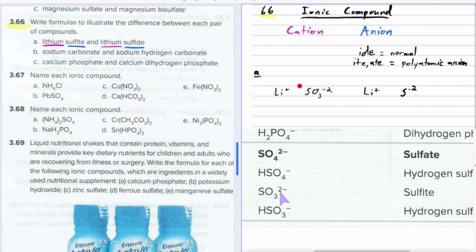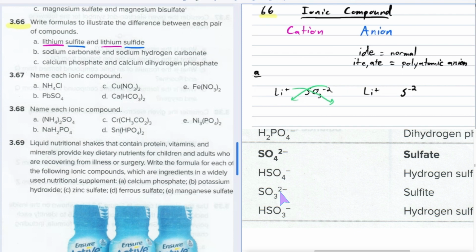So now that you know the ions, you can make sure the positives balance the negatives. Remember, the amount of positive charge has to equal the amount of negative charge. And the way that you can do that, if this is a +1 and that's a -2, then you're going to need one of those sulfites and two of those lithiums.